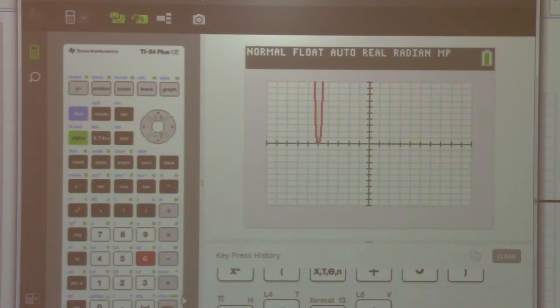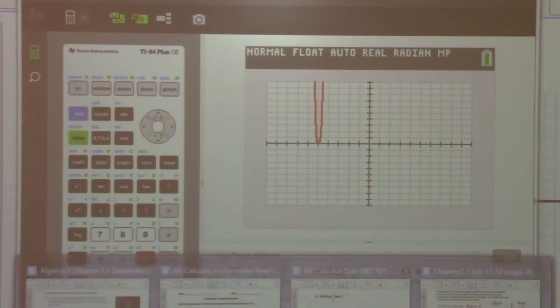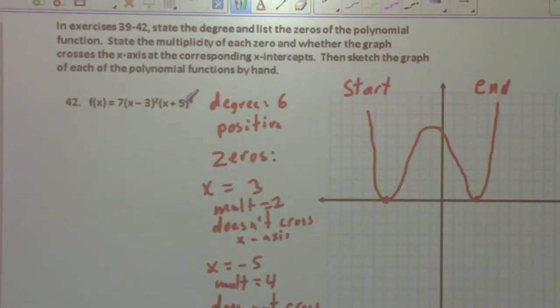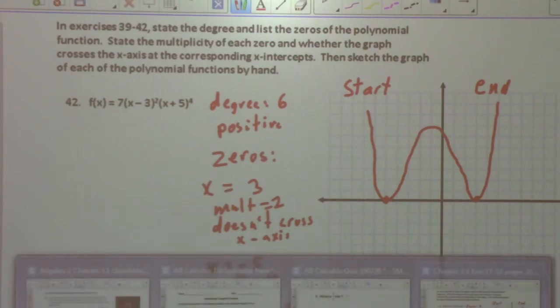Okay? Don't see anything, do we? We see this one, and that's fine at x equals -5, but we're not seeing this thing over here. Why not? I'll show you. The reason is the dimensions of the graph really take off, because our y-intercept is going to be 7 times -3 squared times 5 to the 4th power. And I'll show you what that looks like.